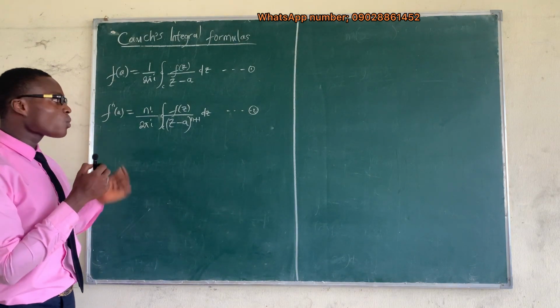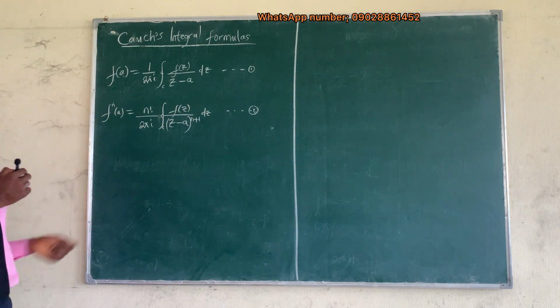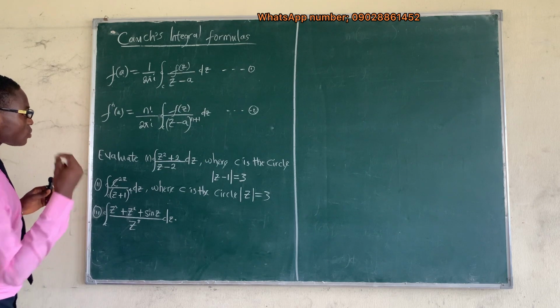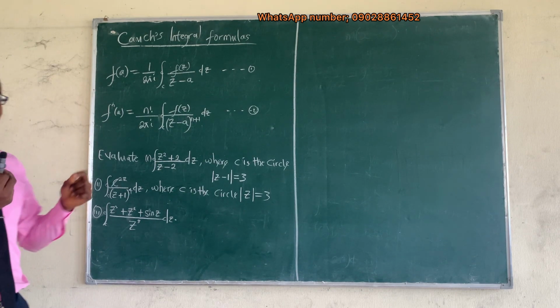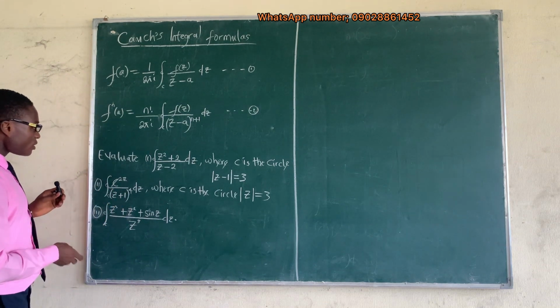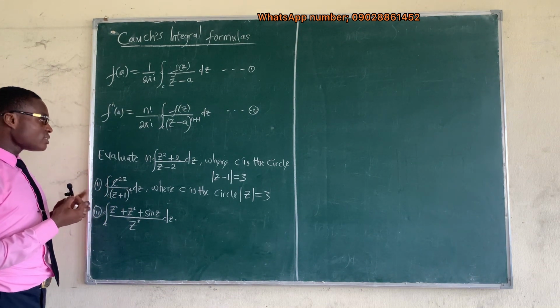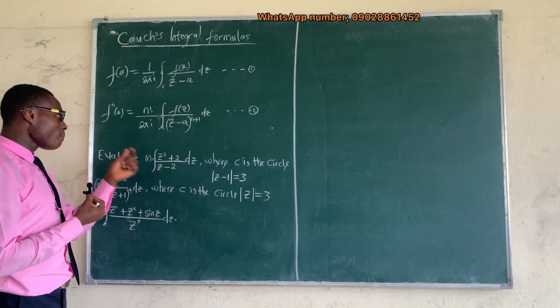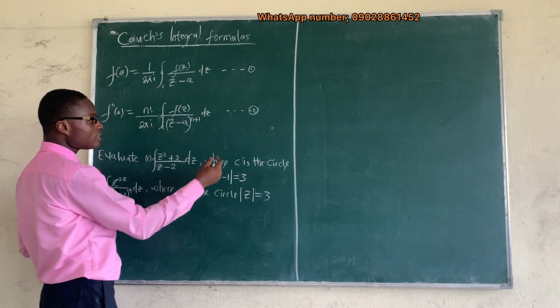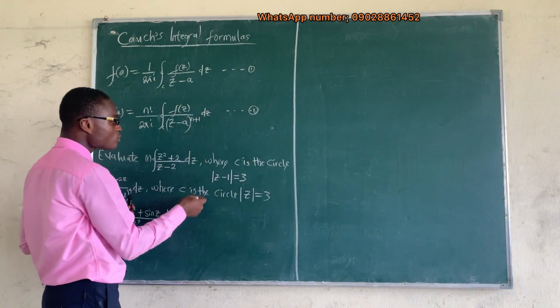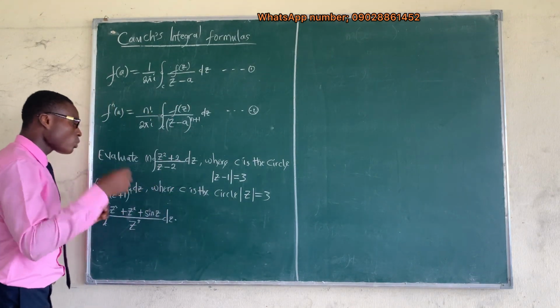So let's take these questions to illustrate this. The first question is: evaluate the integral of z squared plus 2 divided by z minus 2 dz, where c is the circle, the magnitude of z minus 1 equal to 3.